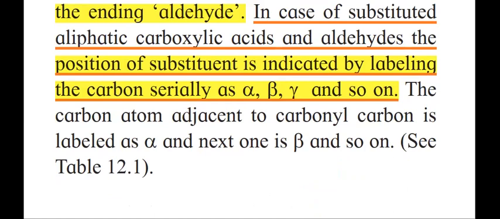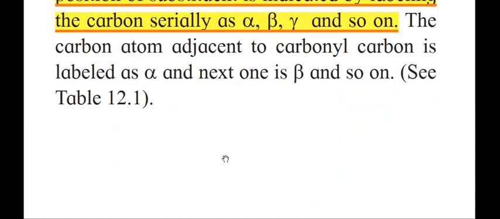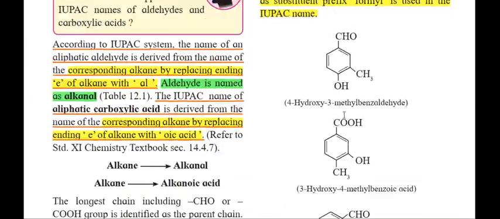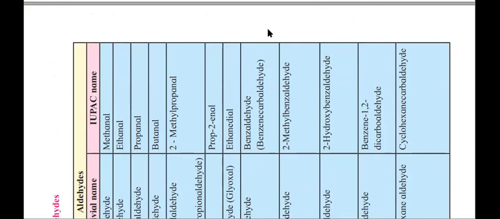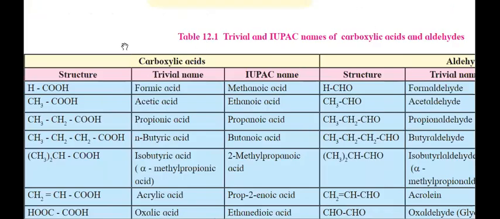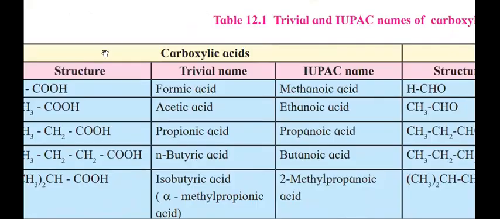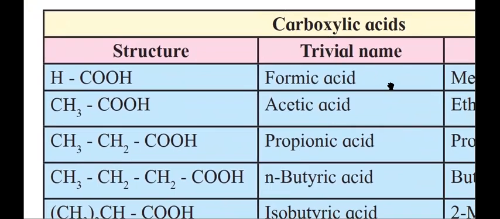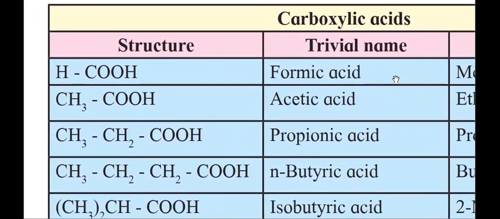Okay, you will see the table. Okay, trivial names of carboxylic acids. The first one is formic acid.